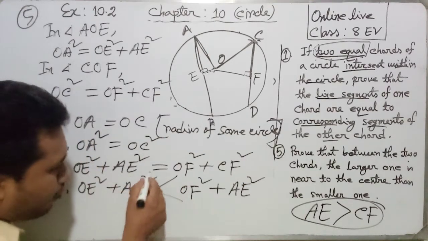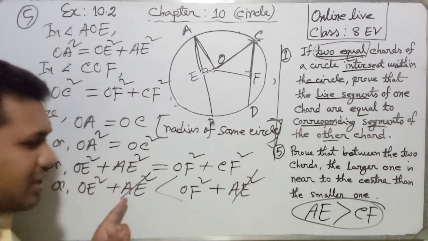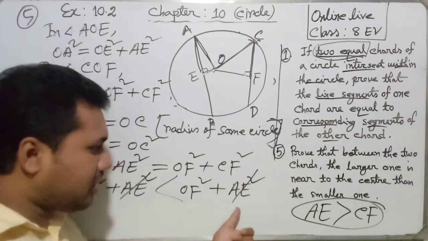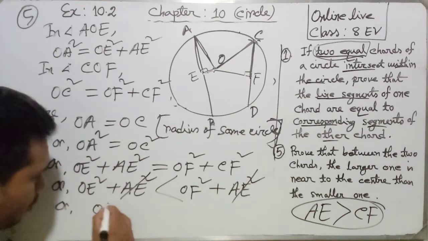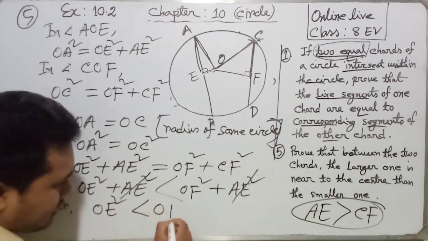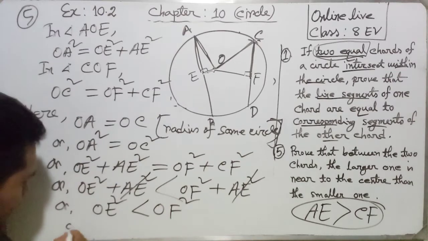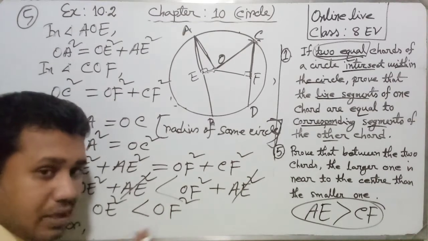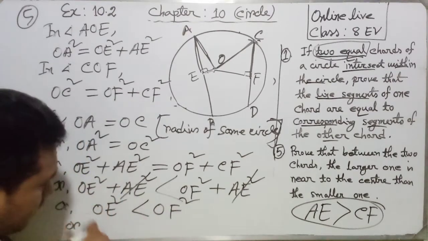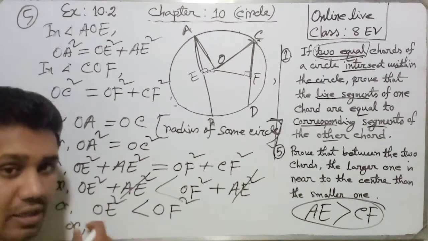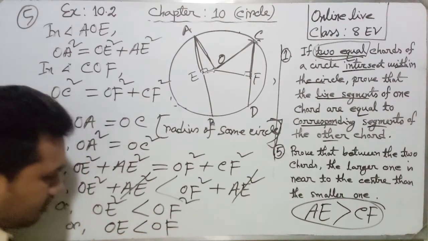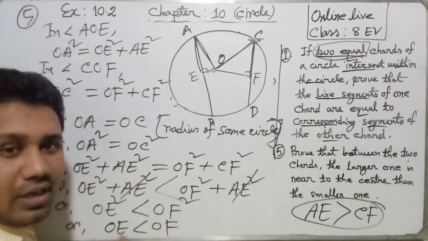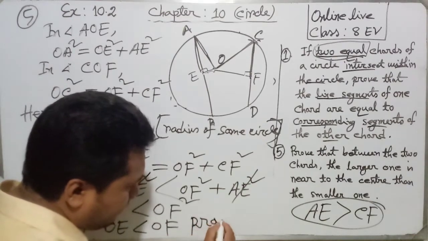Now dear students, if we omit AE square and AE square, we can write OE square less than OF square. Now if we take the square root on both sides, we will get OE less than OF. So our required part, OE less than OF. So we can write proved.